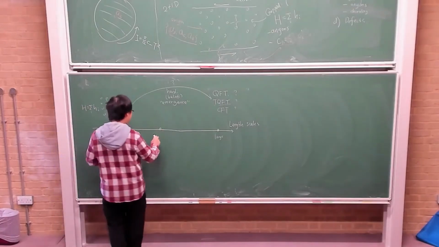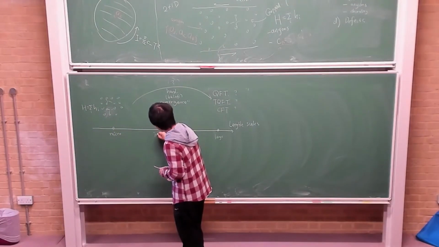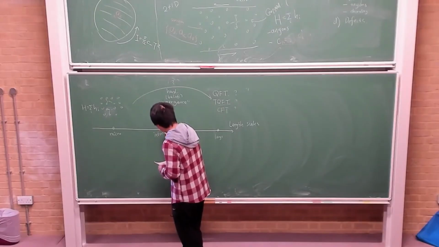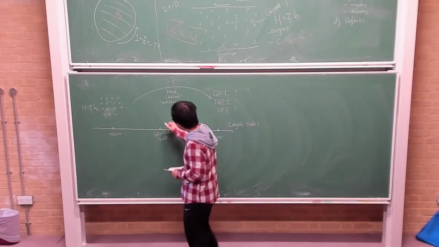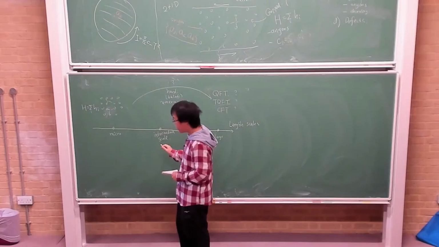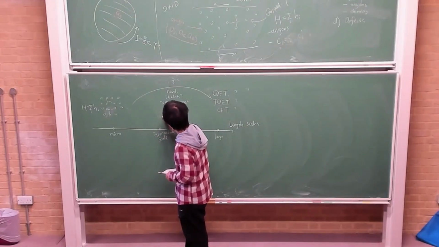But let me first say, we want to make progress in intermediate length scale. What can we do on intermediate length scale? So it's like we have a lot of spins, but we try to coarse grain.